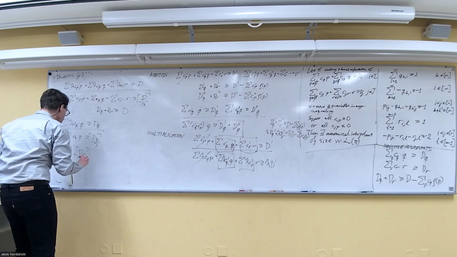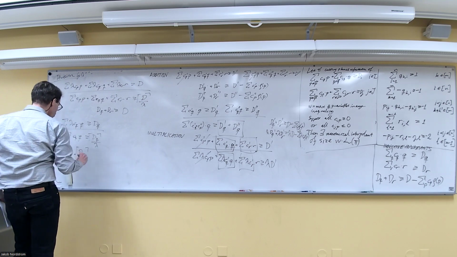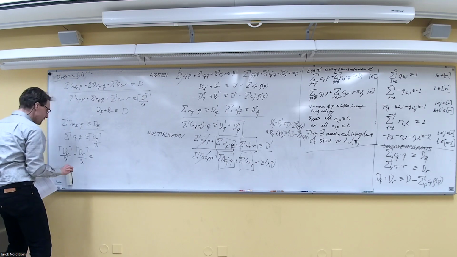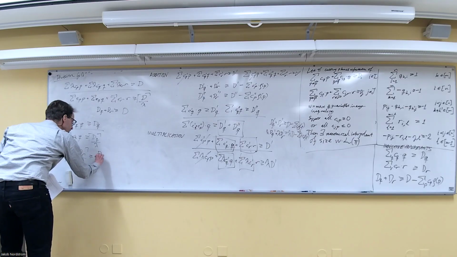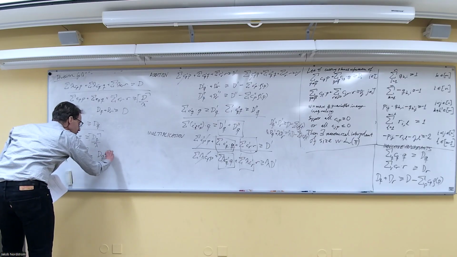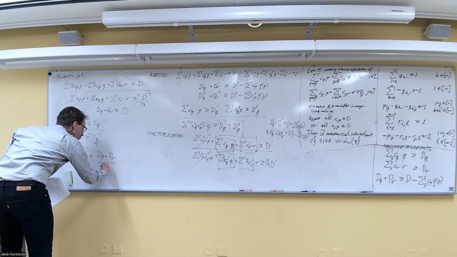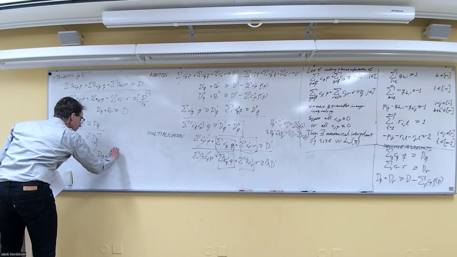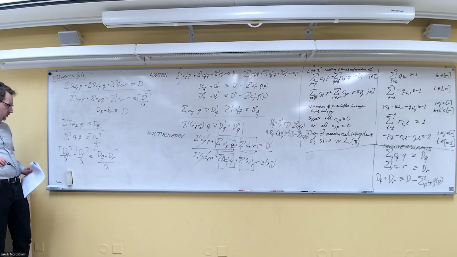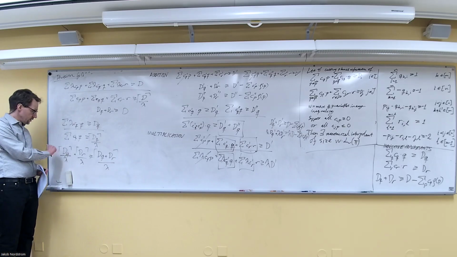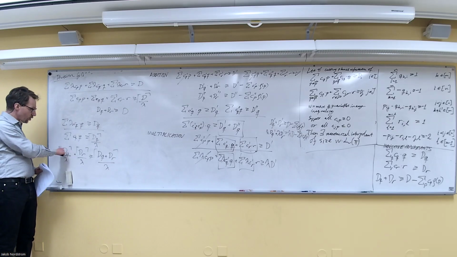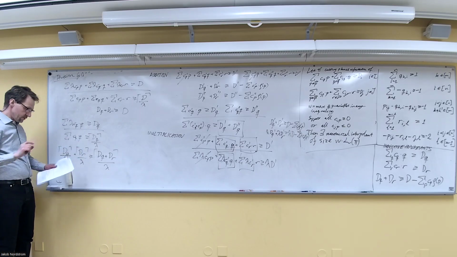Right? So let's see what we get. Well, firstly, this is clearly larger or equal than dq plus dr over lambda, rounded up. This can only get smaller if I add them up and then round up later.